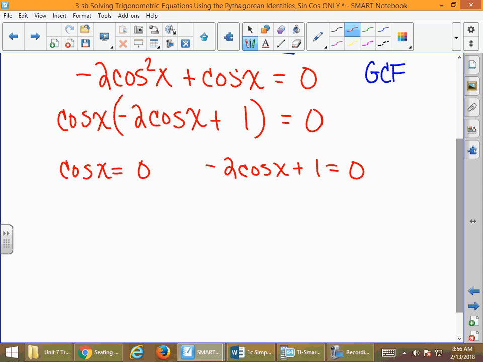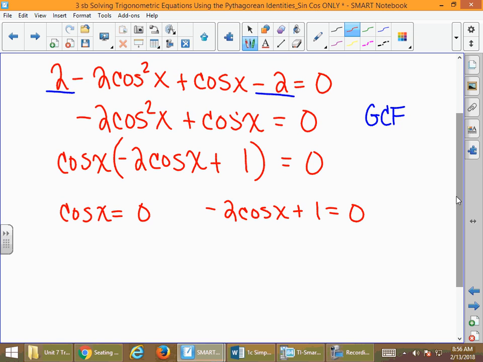And yet again, here comes a quadrantal. You may want to draw this little picture as a reminder. The 1, 0. The 0, 1. The negative 1, 0. The 0, negative 1. Where does cosine equal 0?